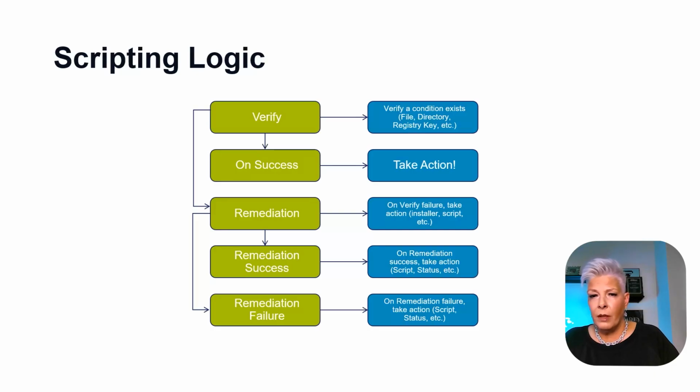For example, verify for a specific condition, such as file exists or registry key exists. On success, or else, if that file exists, the script can run and it can exit and then log a message such as software already installed. And then finally, on failure, if the file is missing, the script runs the initial installation commands.